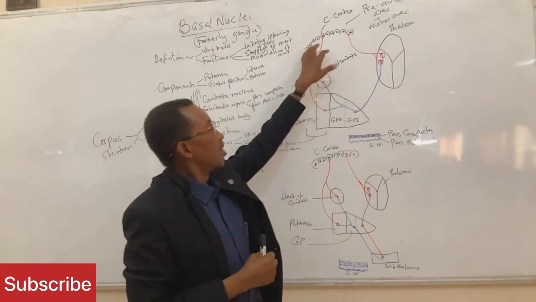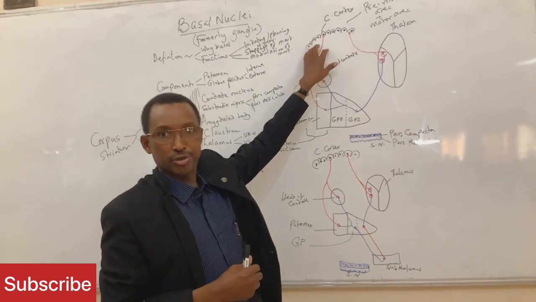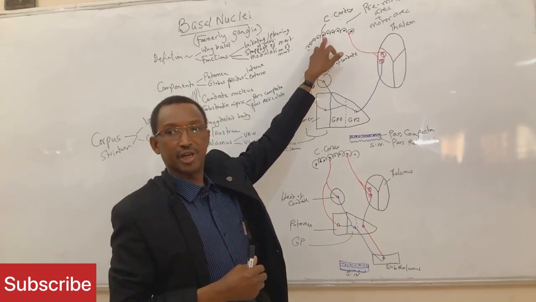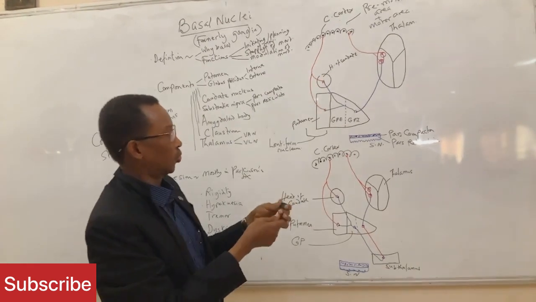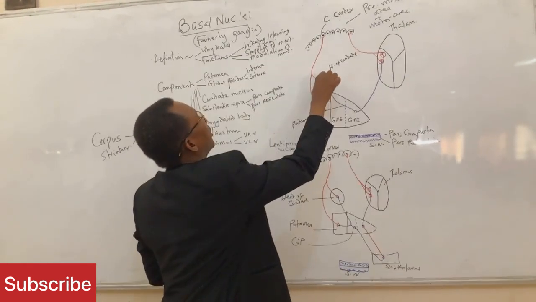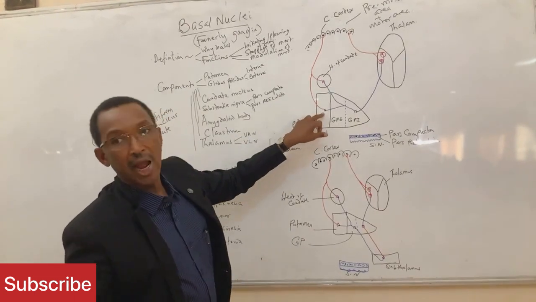So the information to plan and initiate a motor movement, the neurons from the cerebral cortex pass down directly into the head of the caudate nucleus. And some of the fibers pass into the putamen.